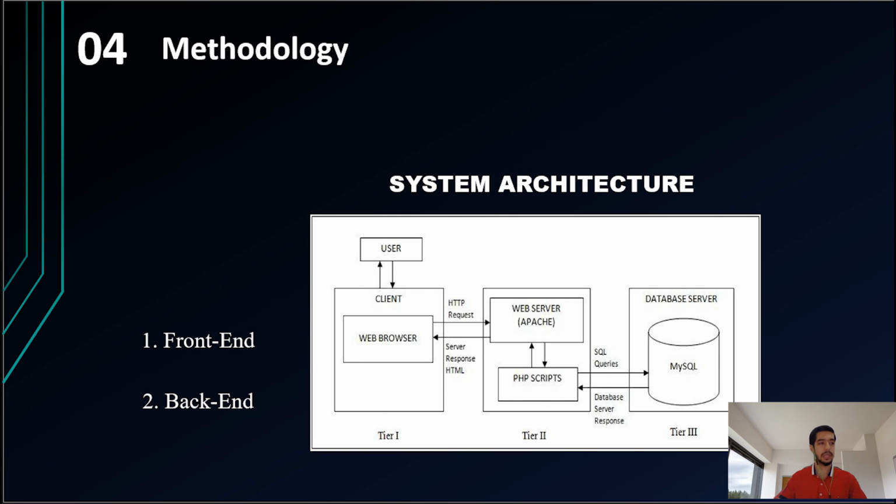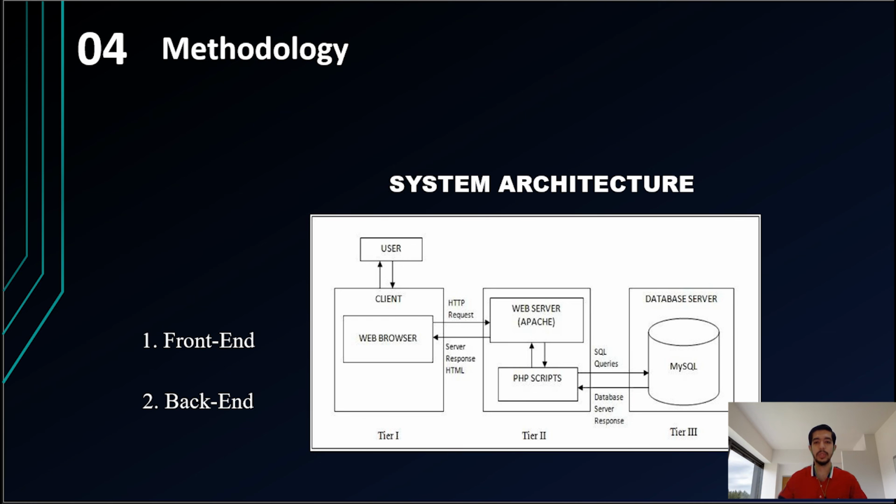Here is the system architecture. It is just 3 tiers. So this picture describes as follows. The user enters the URL to access the website. Through the web browser, the web browser will send a request to the web server to fetch an HTML page or execute a PHP script.